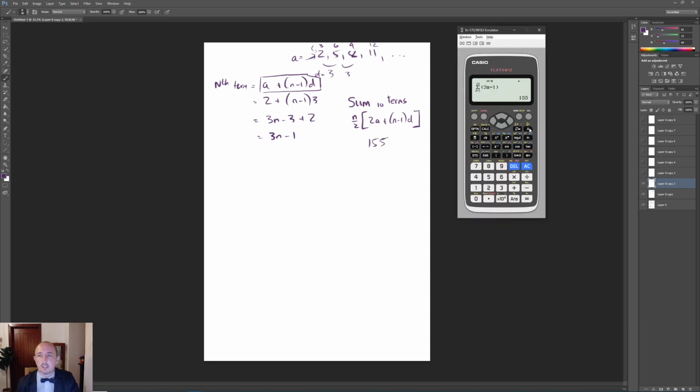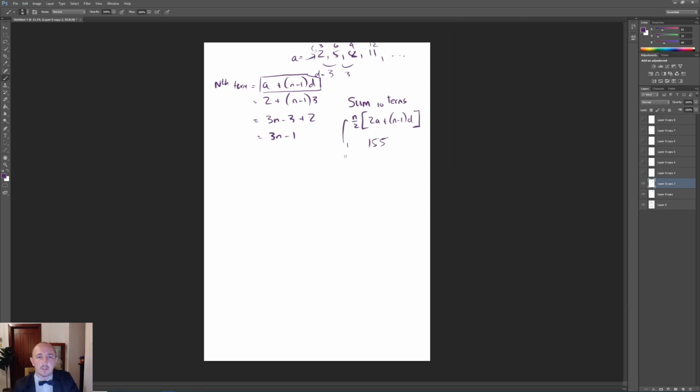So I just used the sum button there, which is shift and X. Now, let's check this with the actual formula. n over 2, it was 10, the first 10 terms, times 2 lots of a, the first term, plus n minus 1, 10 minus 1 lots of the common difference. So we've got 5 times 4 plus 27.